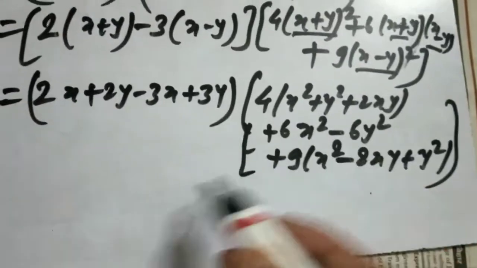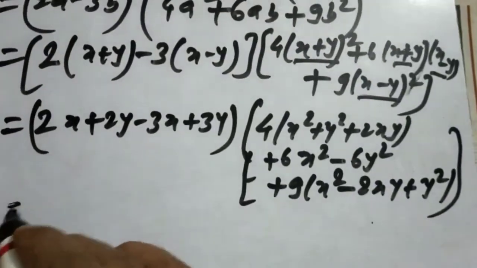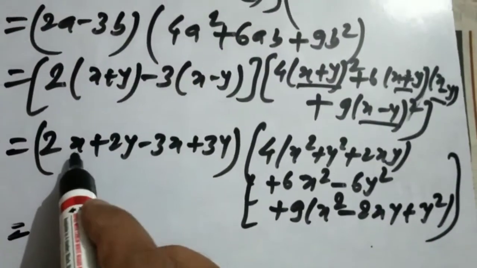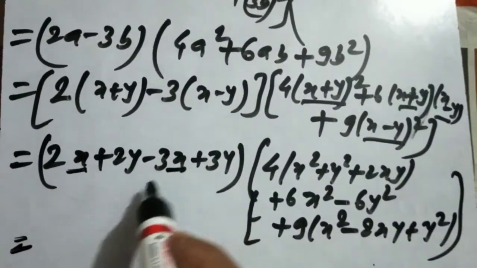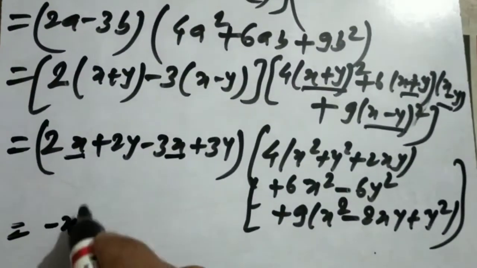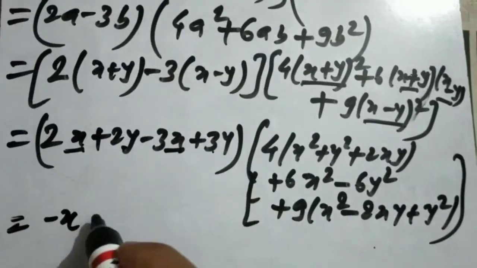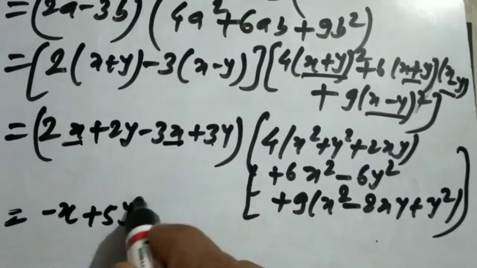Now let us multiply it. Here 2x and minus 3x gives minus x, and 2y plus 3y will become plus 5y.